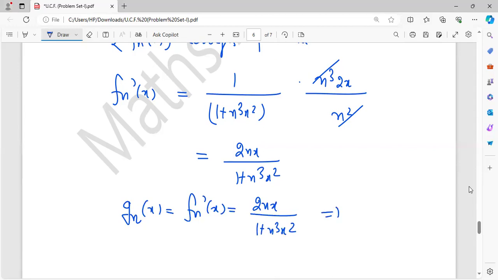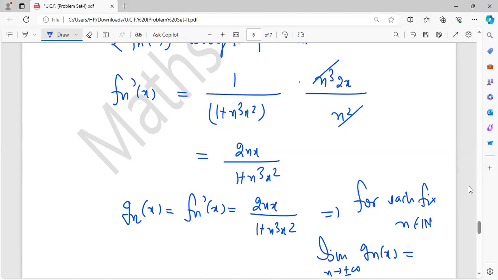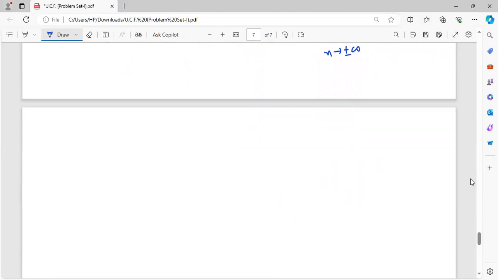You see that for each fixed n belongs to N, the limit as x tends to plus minus infinity of gn(x) is tending to 0. Now we will find the maximum of this function for fixed n. Let n be fixed.